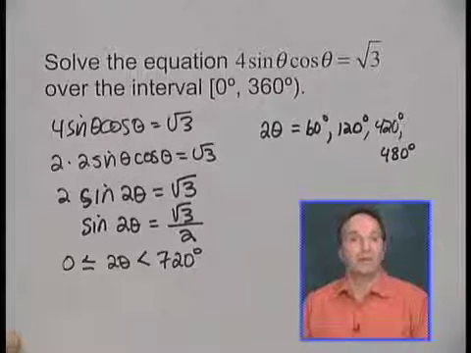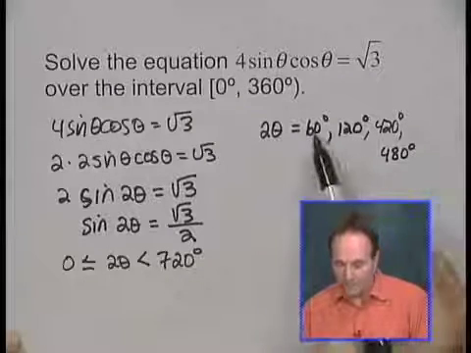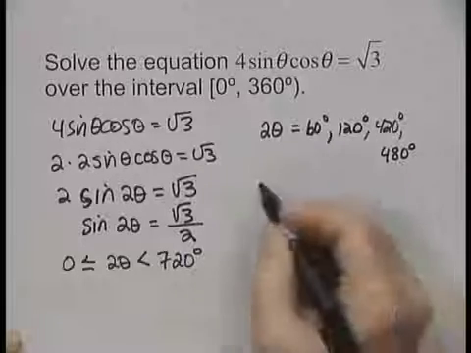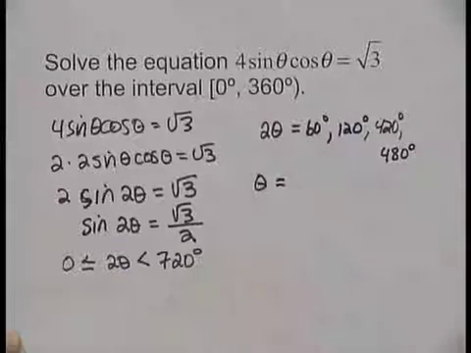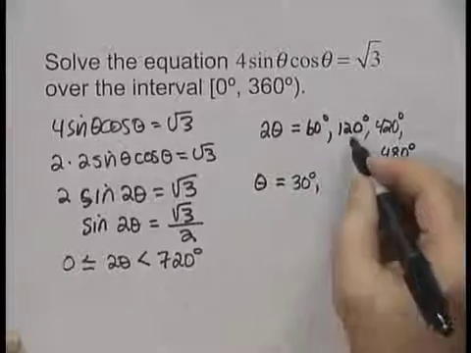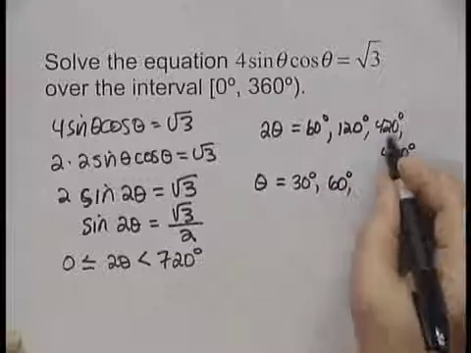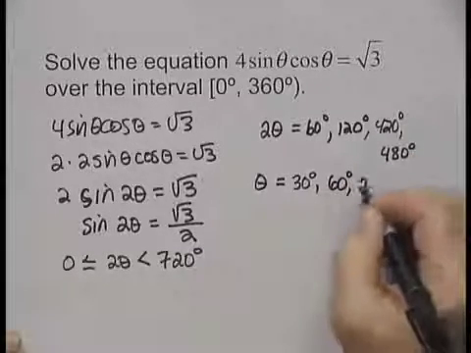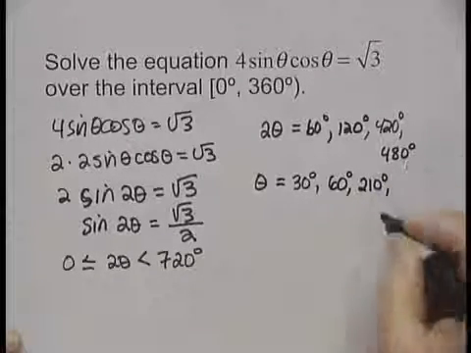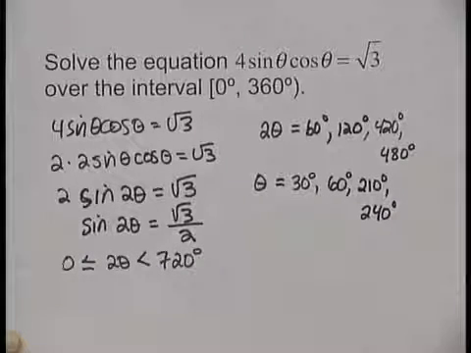But now to solve for theta, we would have to divide each of the corresponding degree values by 2. So theta is going to be equal to 30 degrees. 120 divided by 2 is 60 degrees. 420 divided by 2 is 210 degrees. And 480 divided by 2 is 240 degrees.